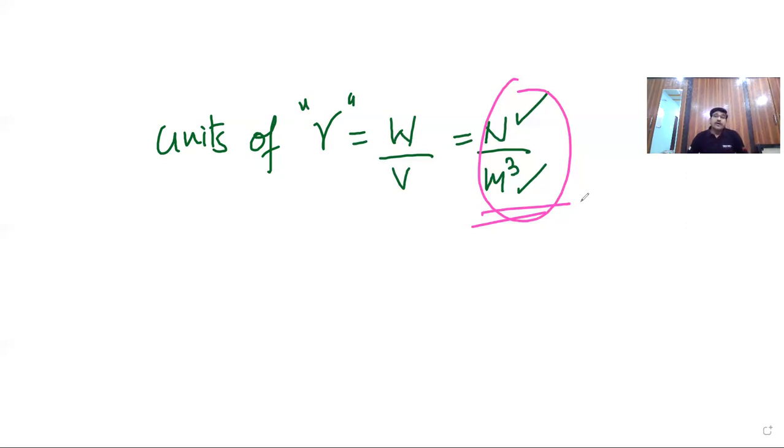Now, I would like to ask one question. What is the meaning of having more density? Suppose two substances are given. One substance is having less density, other substance is having more density. What does the density term indicate? The density term always indicates how closely the particles are packed inside.